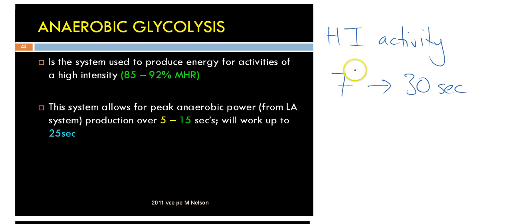At 7 seconds, it will still be increasing its rate of production, and at 30 seconds, or just before the 30 seconds, it will be decreasing its rate of production. However, for both of those circumstances, it will still be providing more energy than the other two systems.